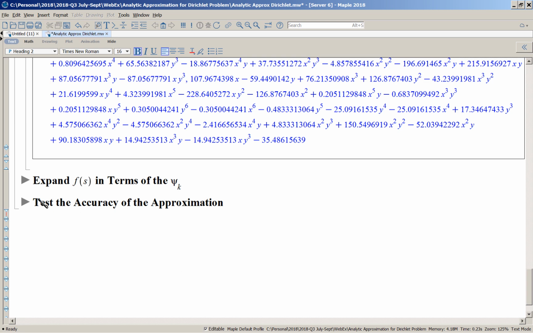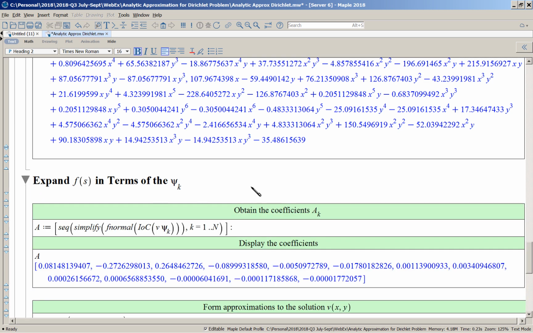Now, expanding the boundary value function in terms of the psi k's gives the coefficients a that you need, and the process is the same, except that integrate on contour replaces the appearance of path int, but built into the IOC is the path int command.